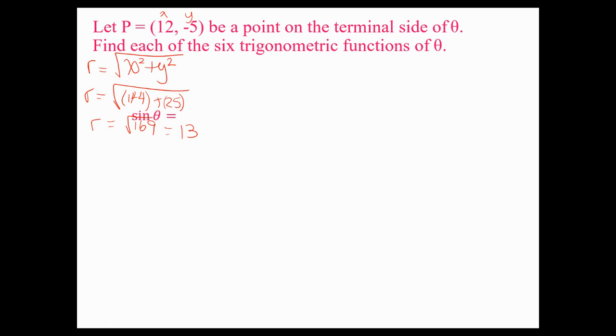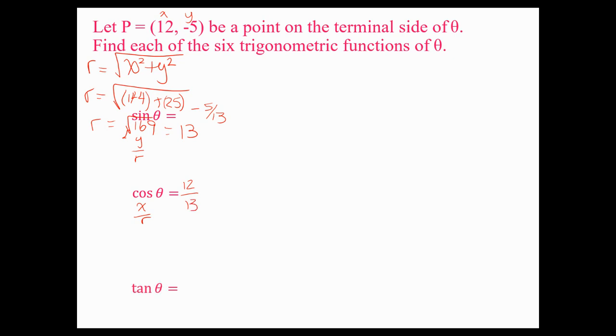The sine is always going to be our y over r. And so our y value is negative 5, so I'll have negative 5 over 13. My cosine is x over r, right? Our adjacent over our hypotenuse, which is going to give us 12 over 13.